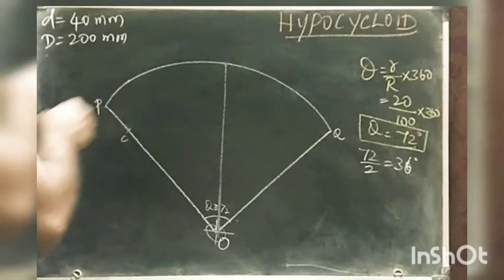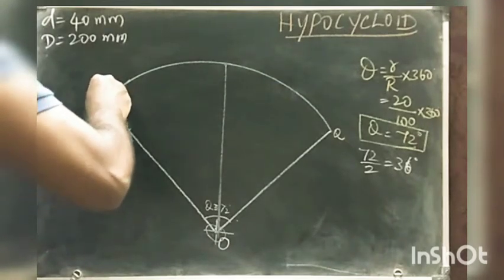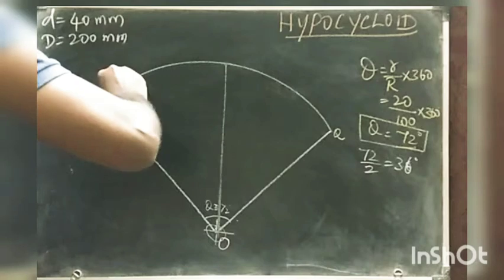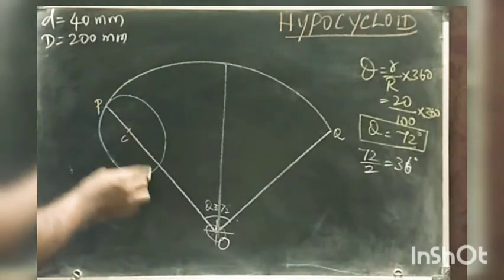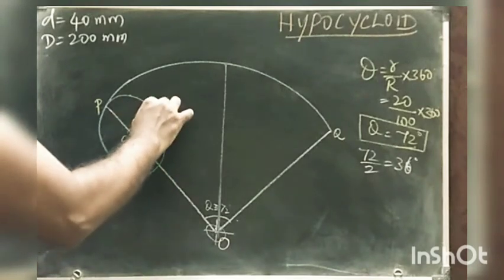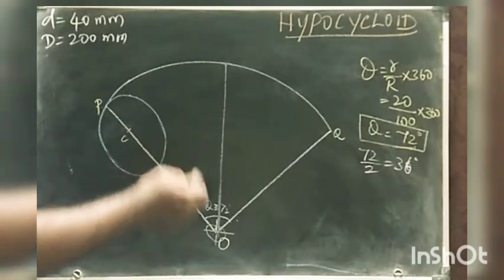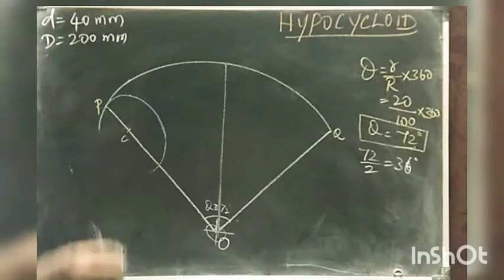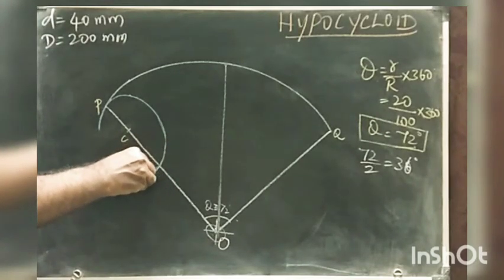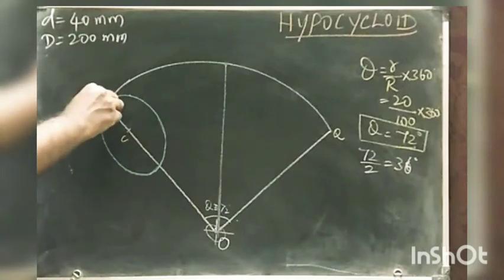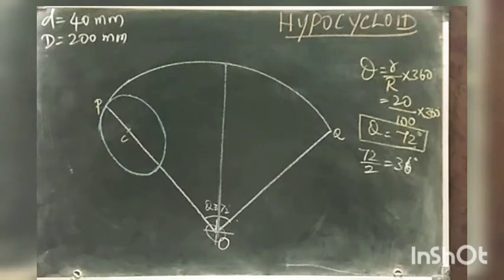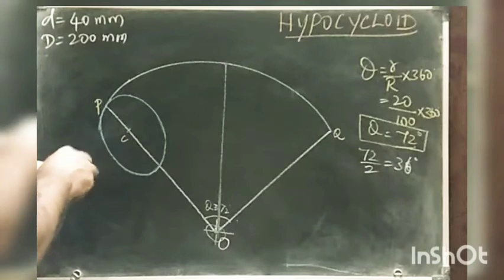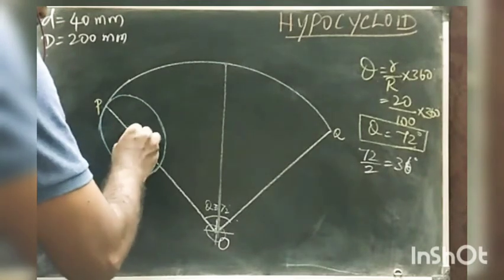In this manner you will get a circle, and I think C will be a little bit below, as per the measurement.